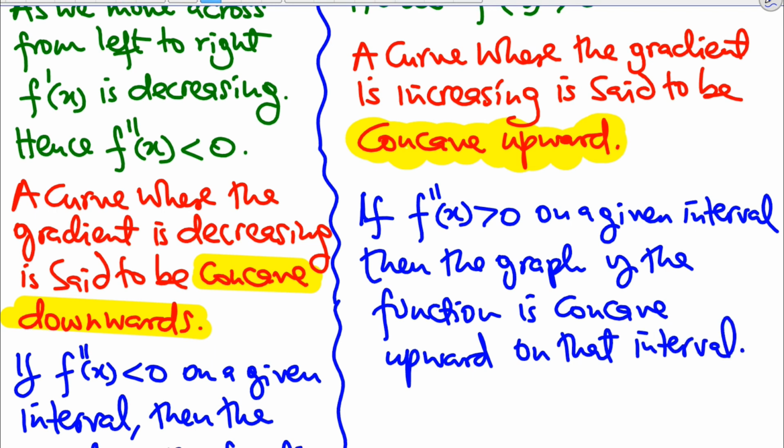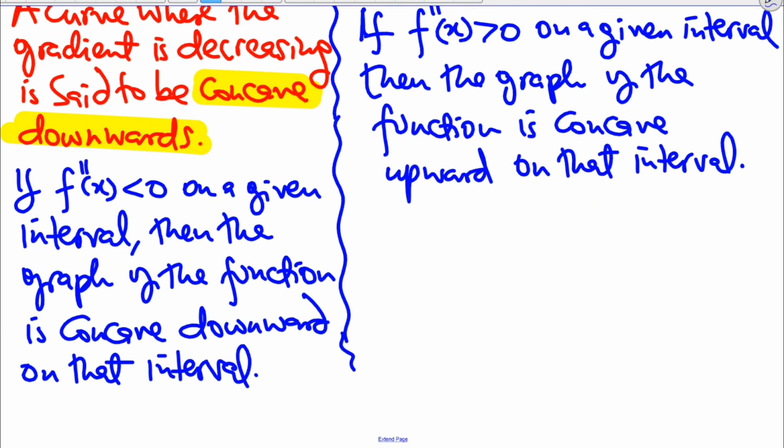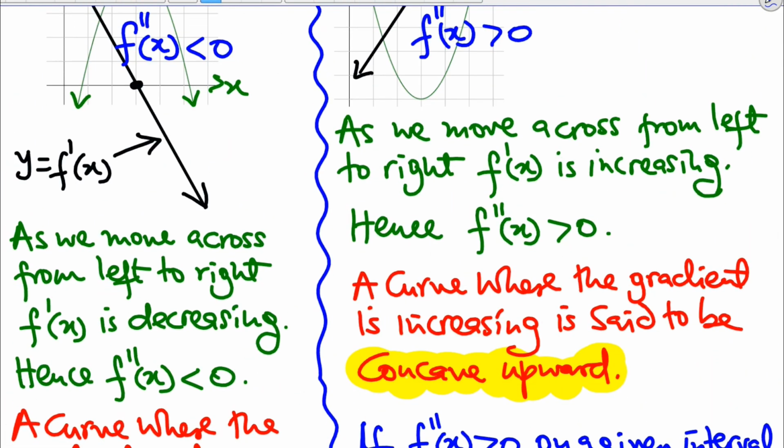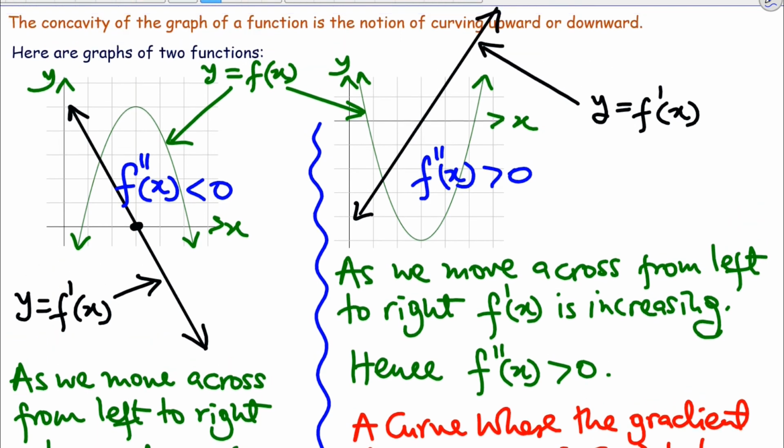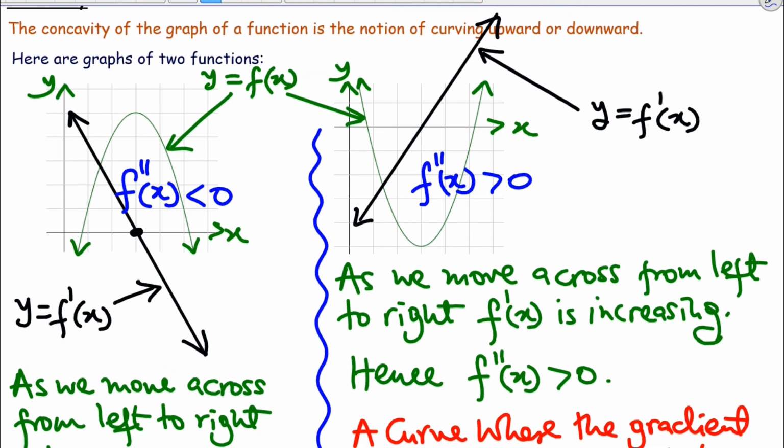So that's the difference between concave downwards and concave upwards, and it all depends on the sign of the second derivative.